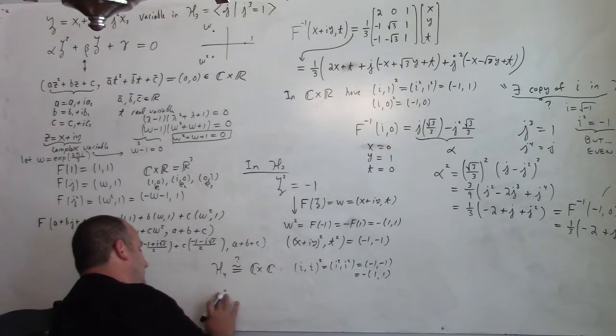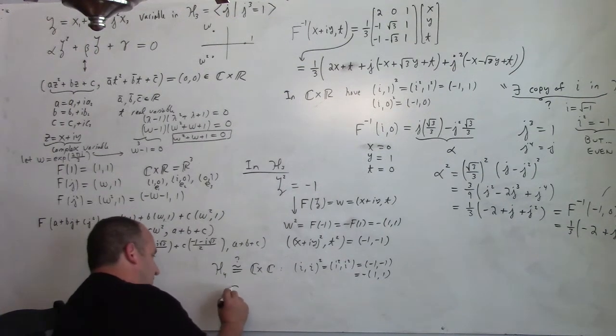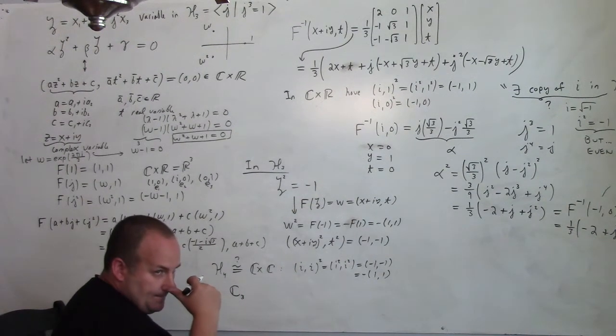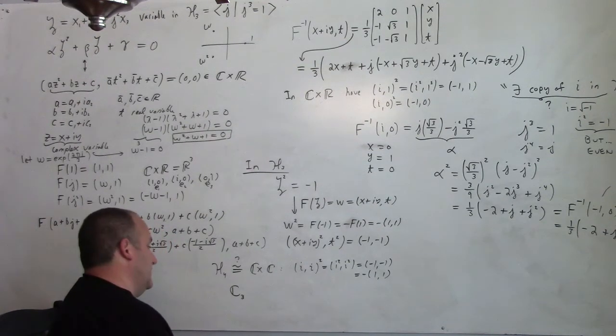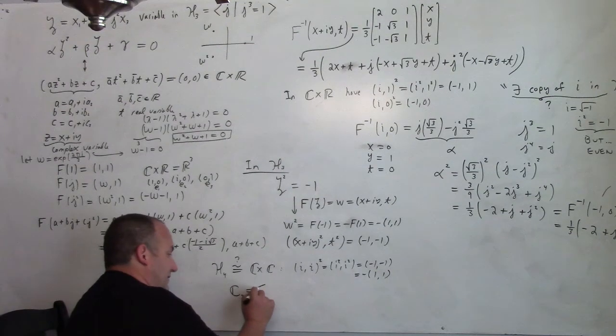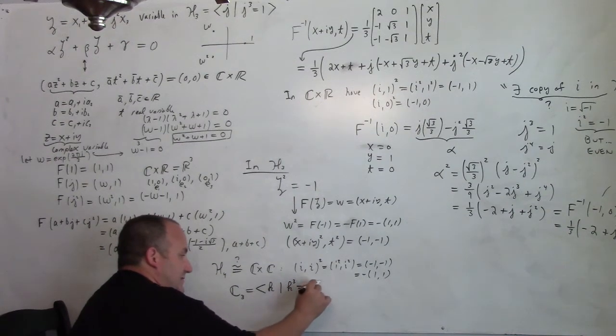Just also a couple of my notation. I think I used C3 for it. I'm not 100% sure about the notation here, so I gotta look at my papers, but C3 would be the algebra generated by K, such that K cubed is minus 1.